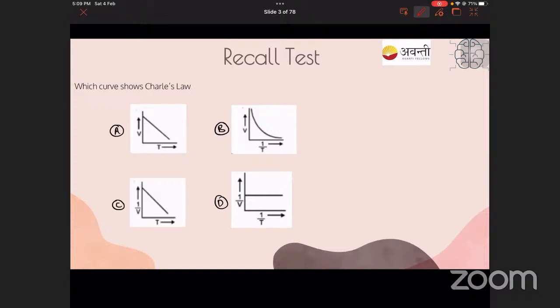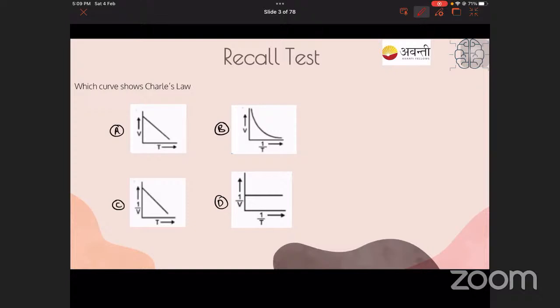In a minute, I'll be launching the poll. Oh, sorry, the poll is not working. You can text the answer in the chat. I'll be seeing that. Just write, no issues. It may be right or wrong. Try. Which curve shows Charles law? You know, right?